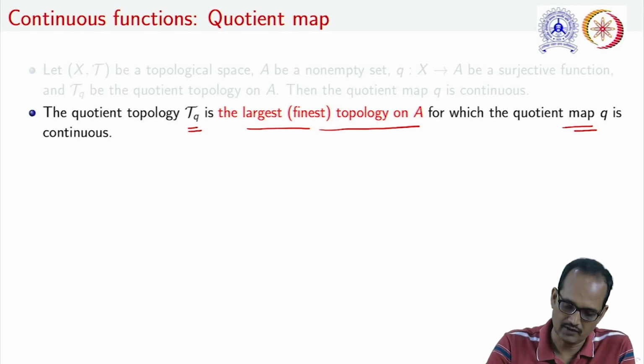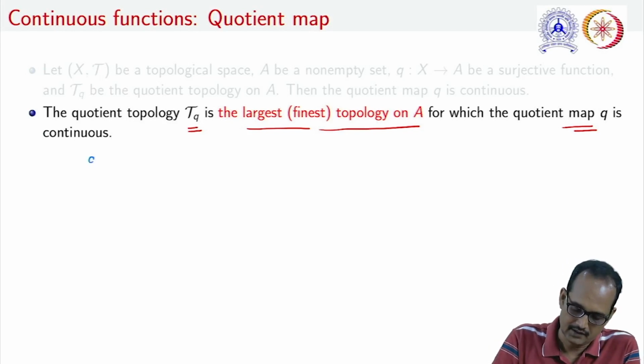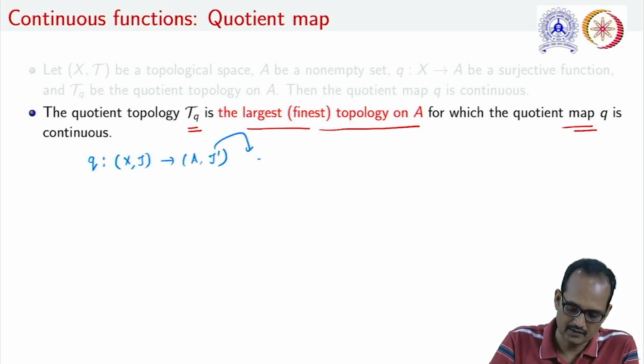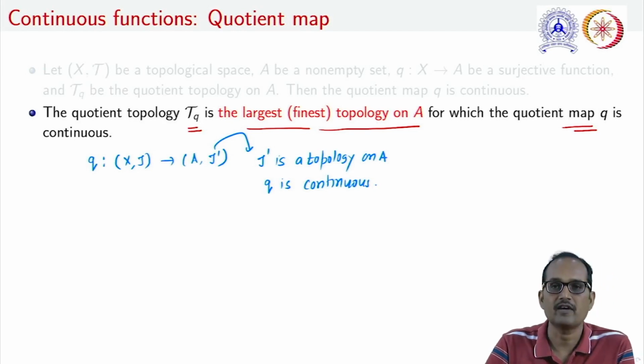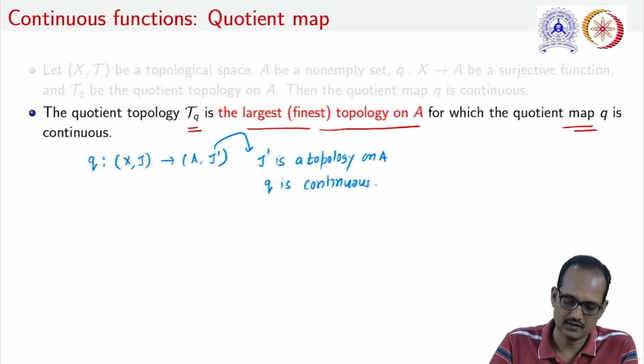In order to justify it, let us take this map q from X, tau to A, tau dash, where this tau dash is a topology on A such that this q is a continuous map. Our interest is to justify that the quotient topology is the largest topology. So what exactly do we have to prove?